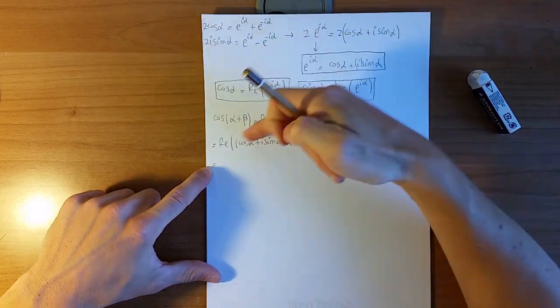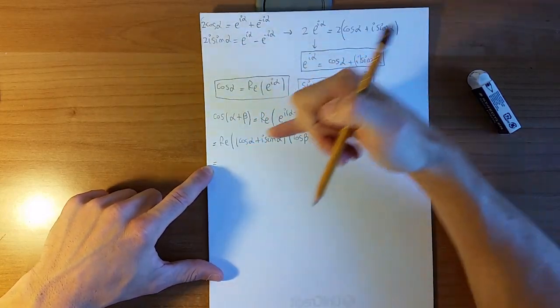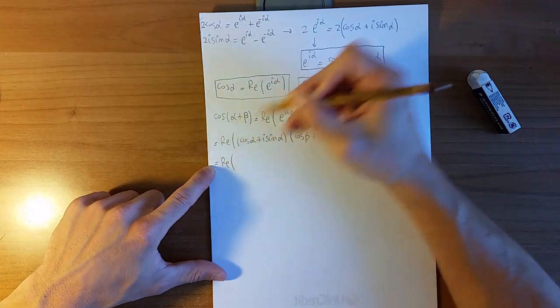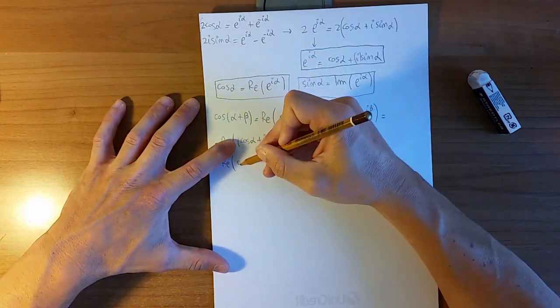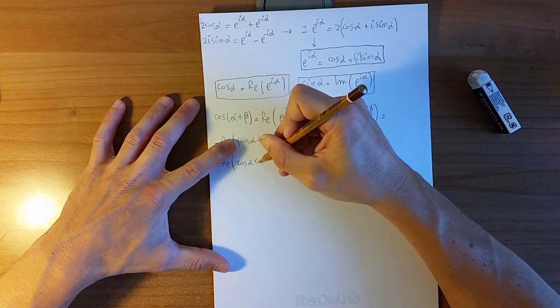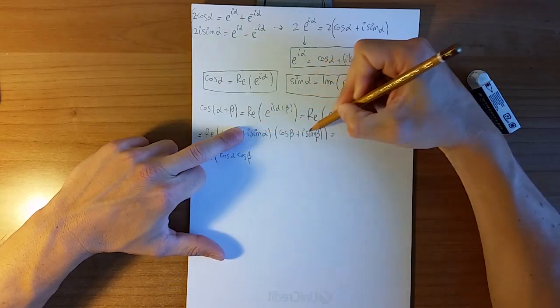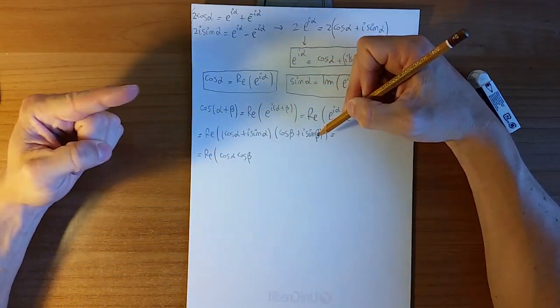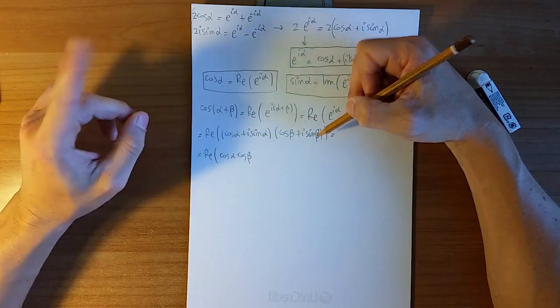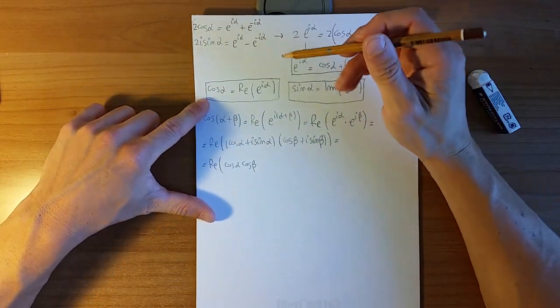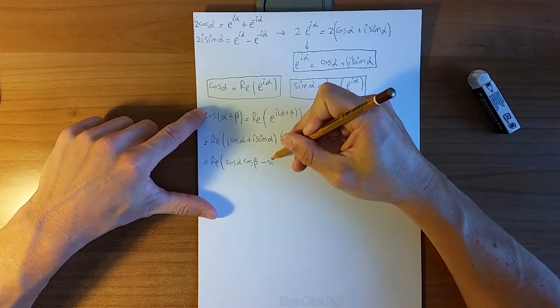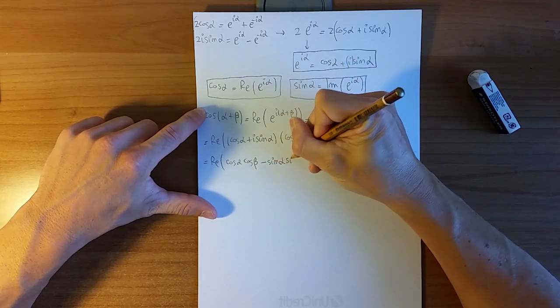And then you can just rearrange terms. We multiply the two parentheses, so we have cosine alpha cosine beta. And then we have I sin alpha I sin beta, which is I squared sin alpha sin beta, but I squared, remember, is just equal to minus 1. So we have minus sin alpha sin beta.